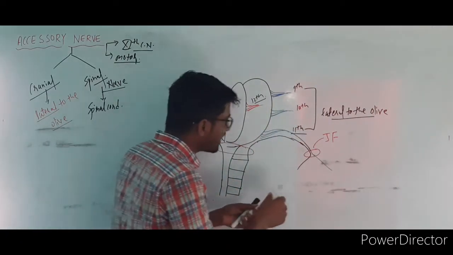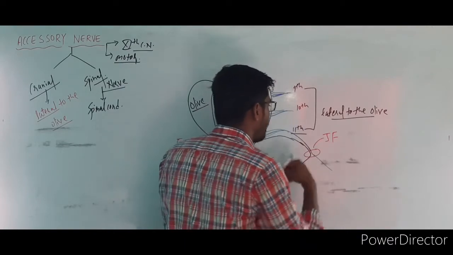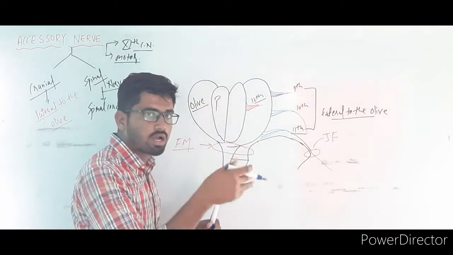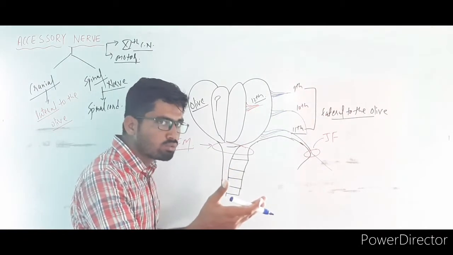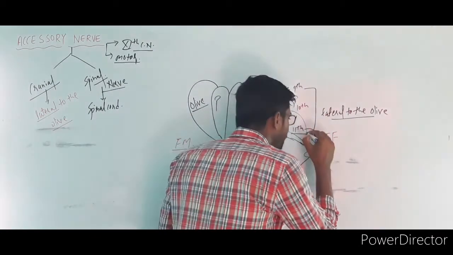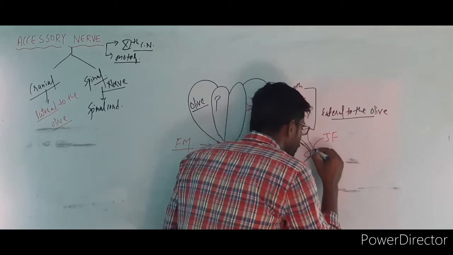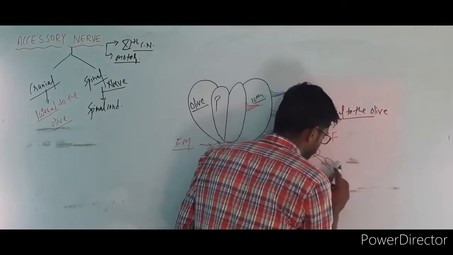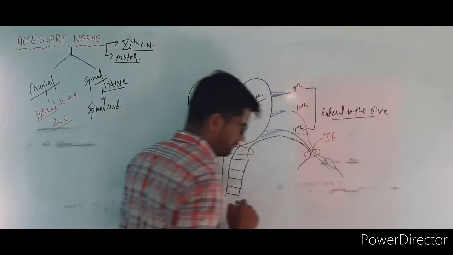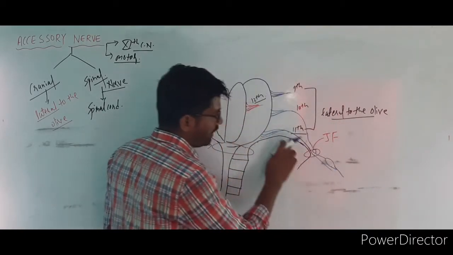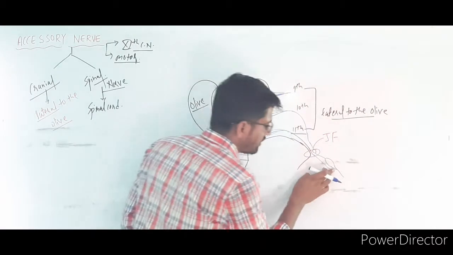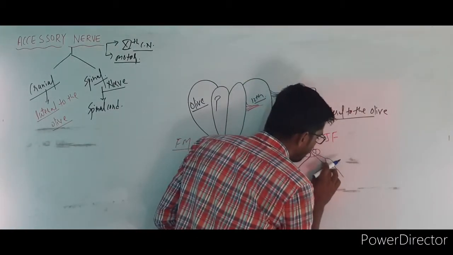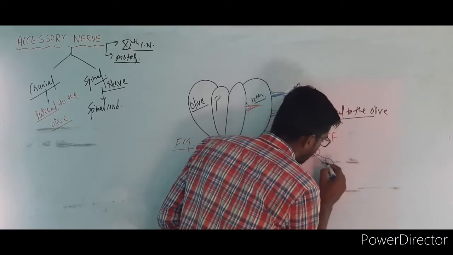This 10th cranial nerve will come down and come out from the cranial cavity through the same jugular foramen, and here is the superior ganglion and here is the inferior ganglion. So the cranial root of the accessory nerve joins this inferior ganglion.